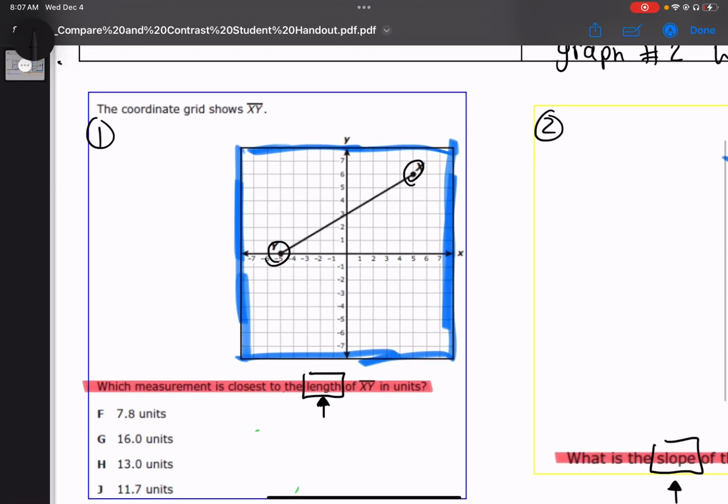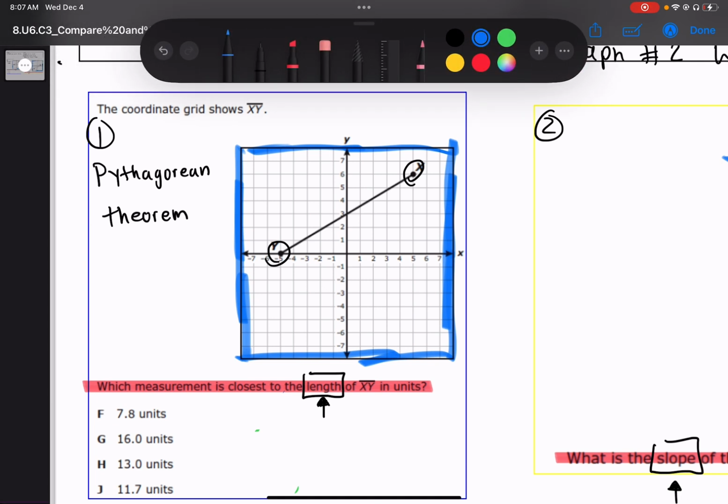So for this one, we need to use the Pythagorean theorem. All right, and in order to do that, we need our right triangle. So let's go ahead and create our right triangle. Right there.